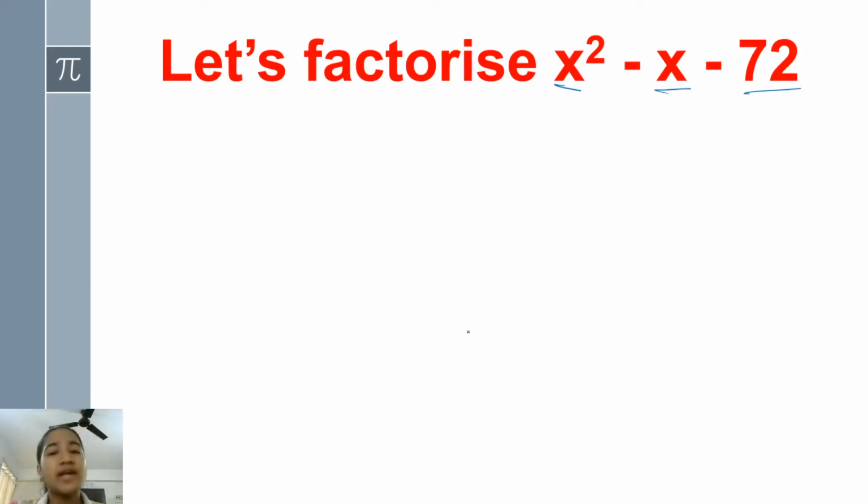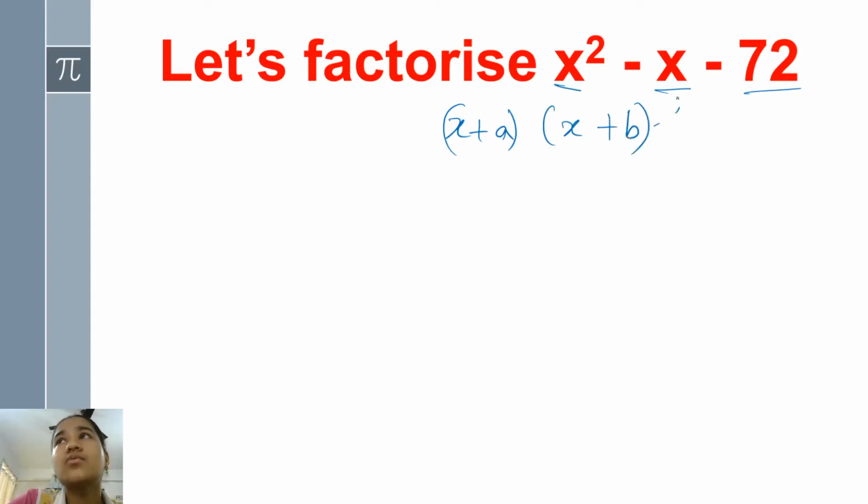You might remember that in our previous sessions, we used to convert such expressions to this. But now we have to convert this kind of expression to this. All right.